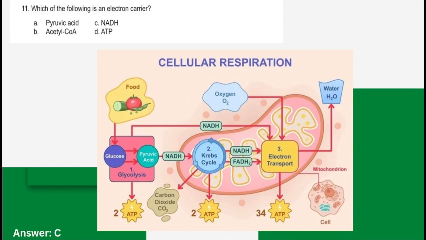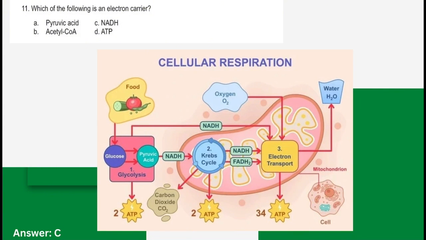Next one, let us go to number 11. Which of the following is an electron carrier? Electron carrier, what are we talking about? This is the cellular respiration. The choices are pyruvic acid, acetyl coenzyme A, NADH, and ATP. Let's have a quick background.